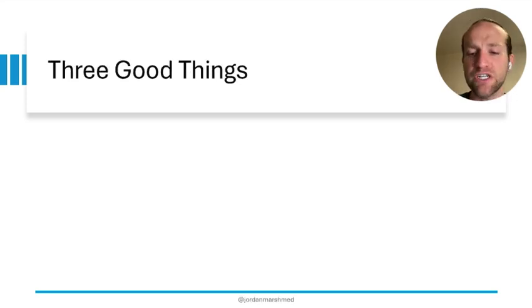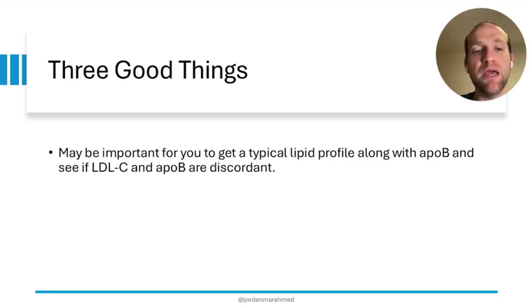Okay, so here are 3 good things. It may be important for you to get a typical lipid profile along with ApoB and see if your LDL-C and ApoB are discordant. See if you are in that group that may have discordance between these two lab values, and see if your typical lipid profile is not actually going to give you the risk assessment that you're looking for.